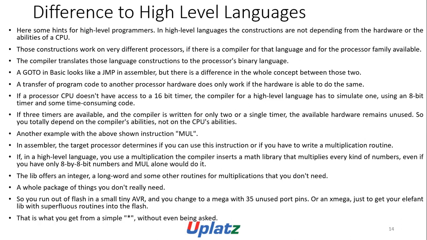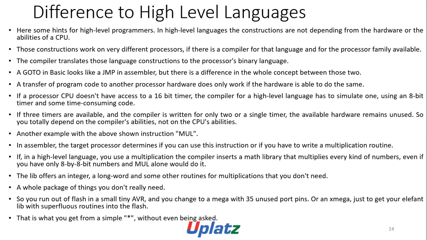Another example is the instruction MUL. In assembler, the target processor determines whether you can use the instruction or whether you have to write a multiplication routine. If in a higher level language you use multiplication, the compiler includes a math library that multiplies every kind of number, even if you have only 8 by 8 numbers, and the MUL instruction alone won't do it.